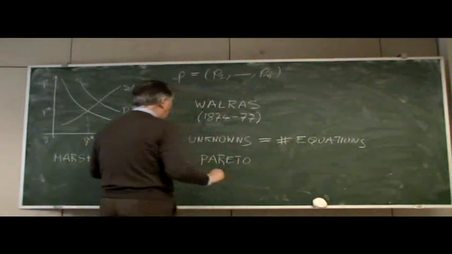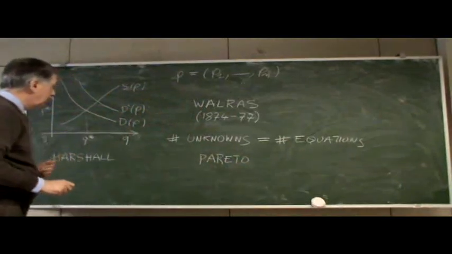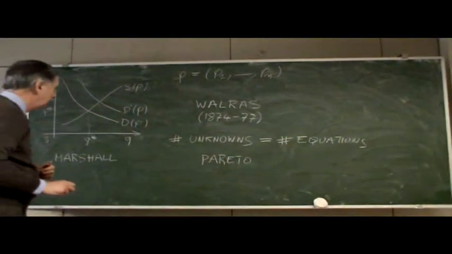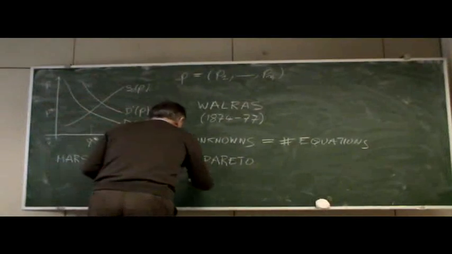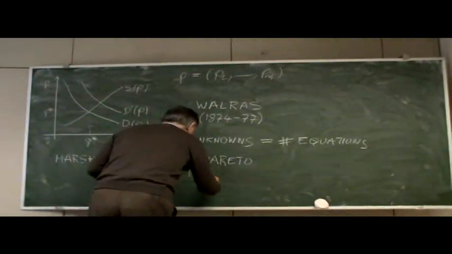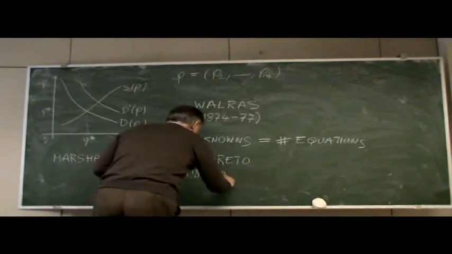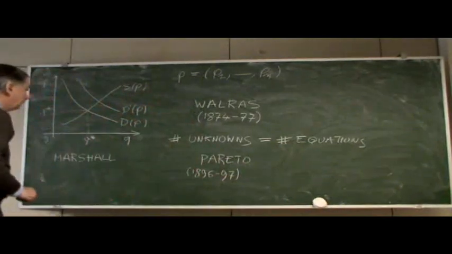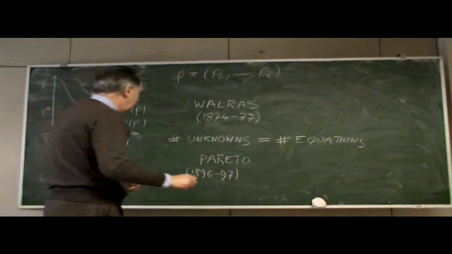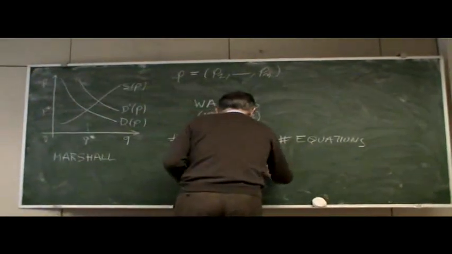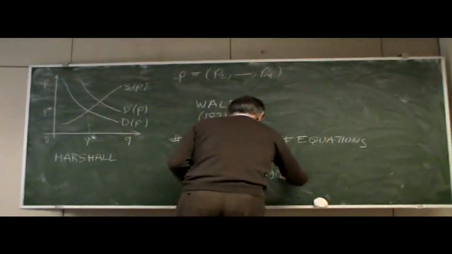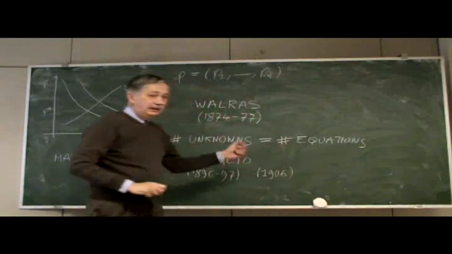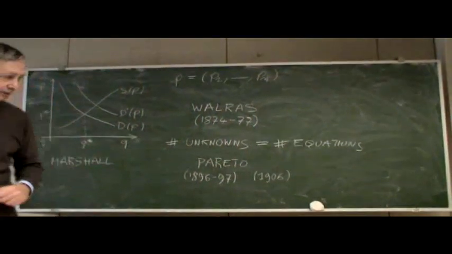The same you find in the fundamental works of the Italian economist Vilfredo Pareto, the Cours d'économie politique, written in French in 1896, and the Manuale di Economia Politica, written in Italian in 1906.